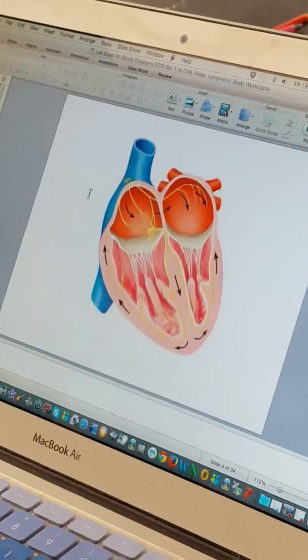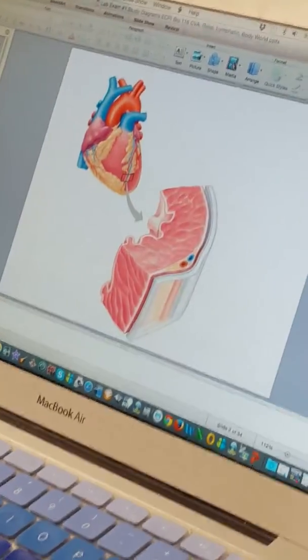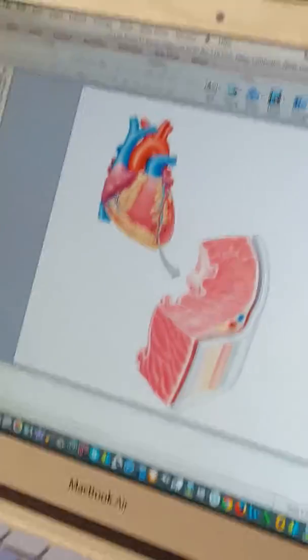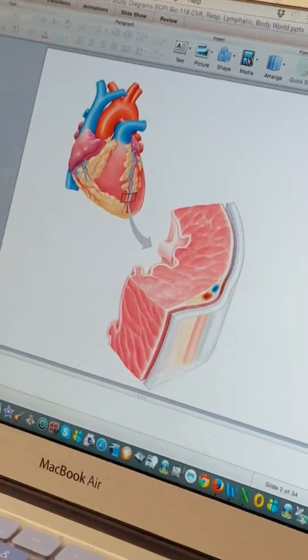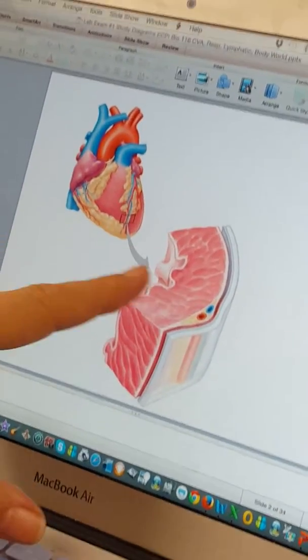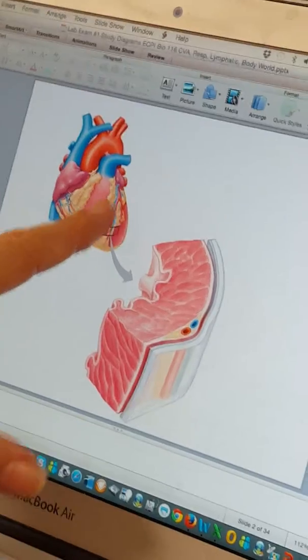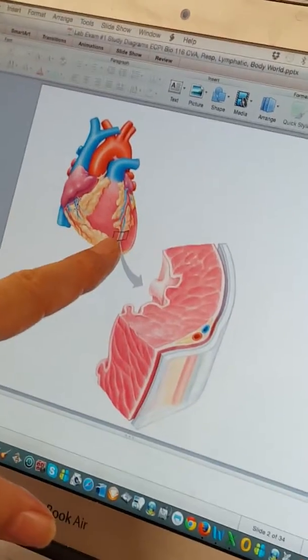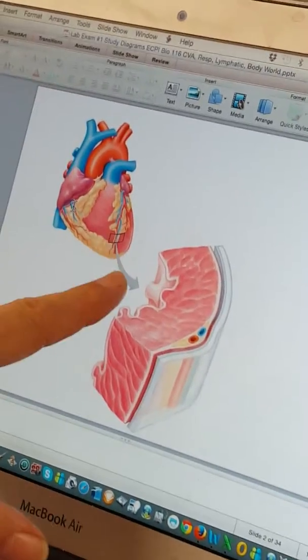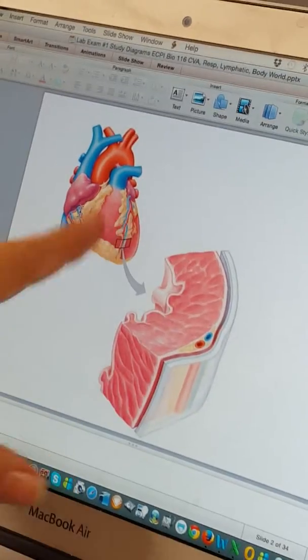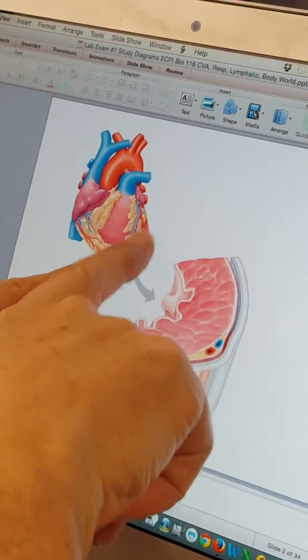Can you go back to the wall of the heart for a minute? And what is that you're pointing at with the arrow? That's just saying enlarge this. Okay. It's not a proper picture because you don't see the heart cut into. That's wrong.